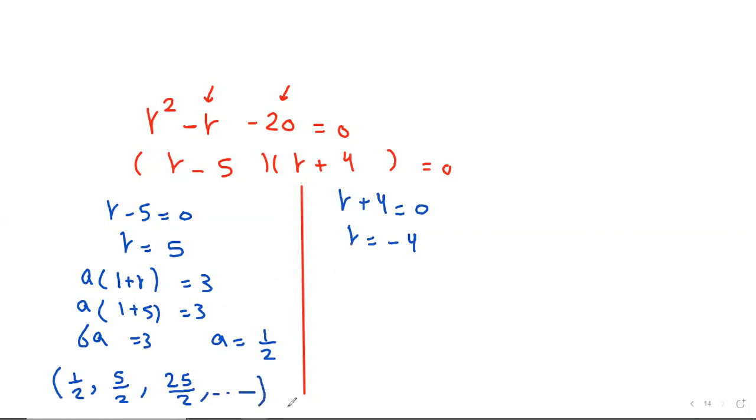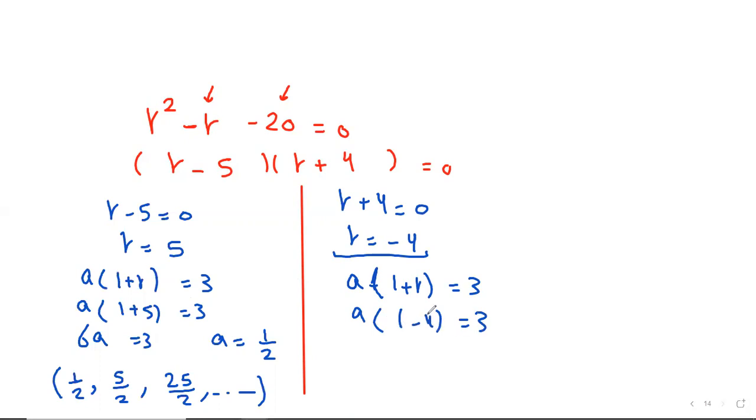That is the first sequence. And the second sequence, here it's R equals negative 4. So just put R equals negative 4 in this equation, A multiplied by (1 plus R) equals 3. Instead of R, write minus 4. So it's A times (1 minus 4) equals 3.